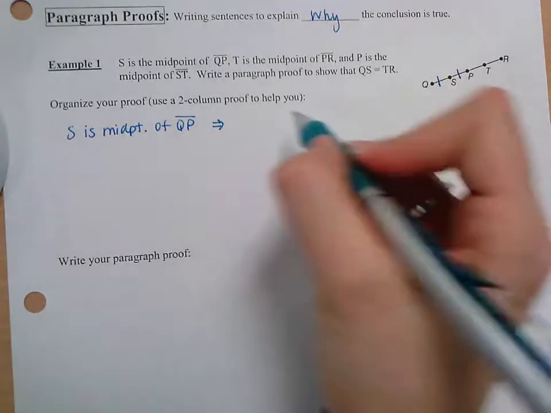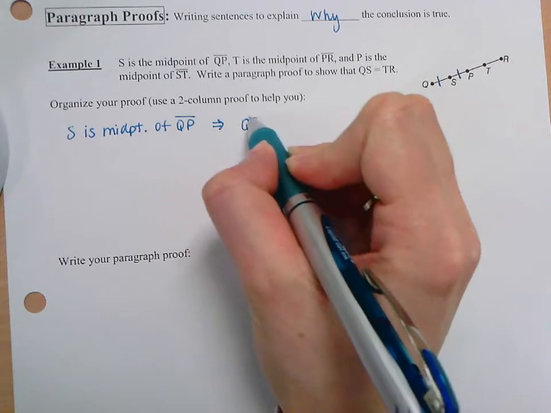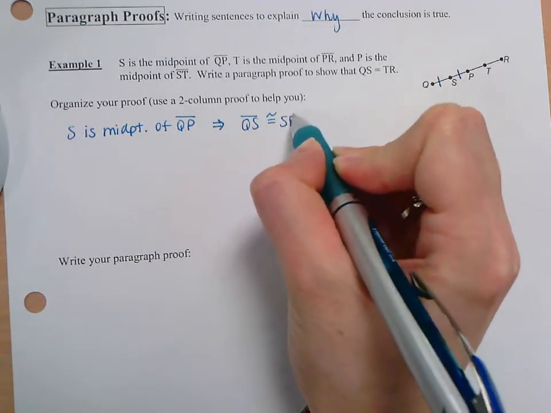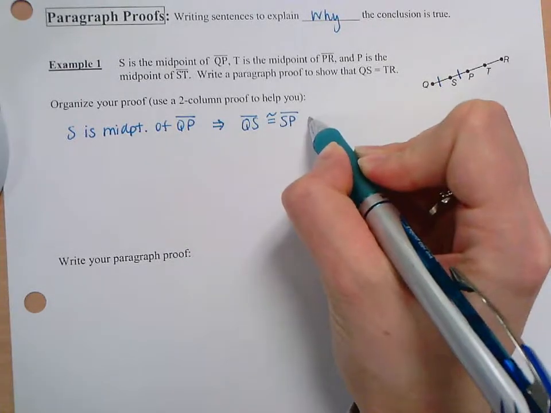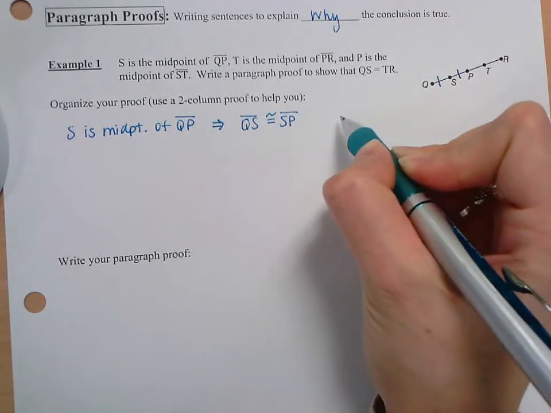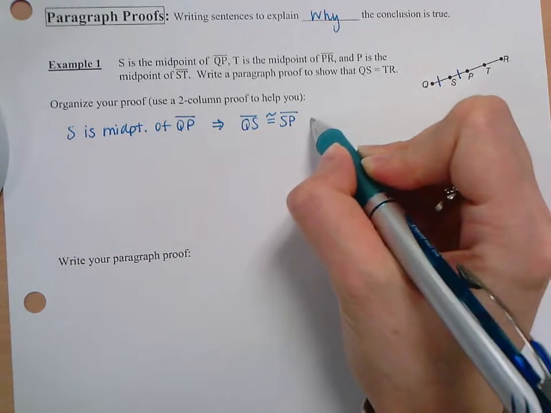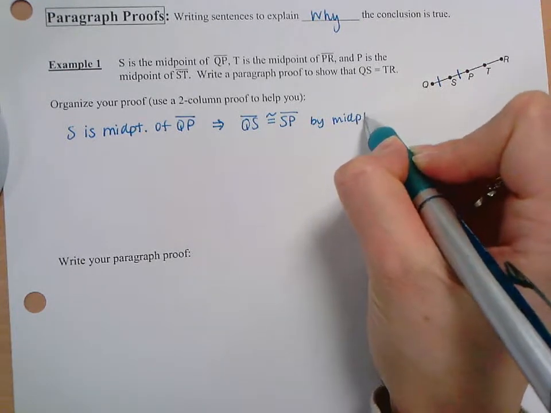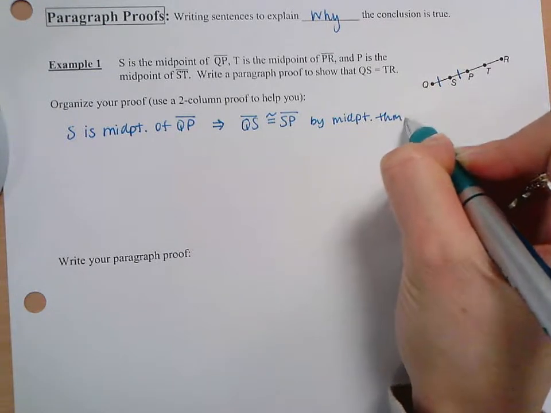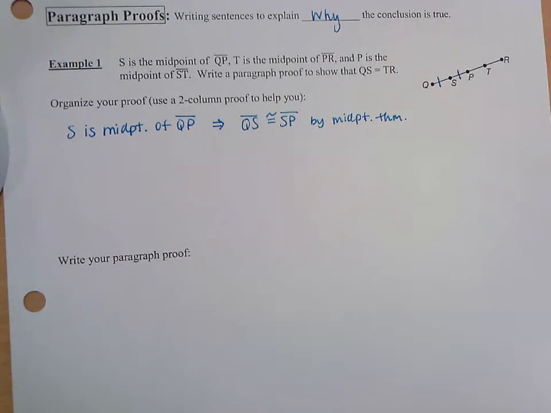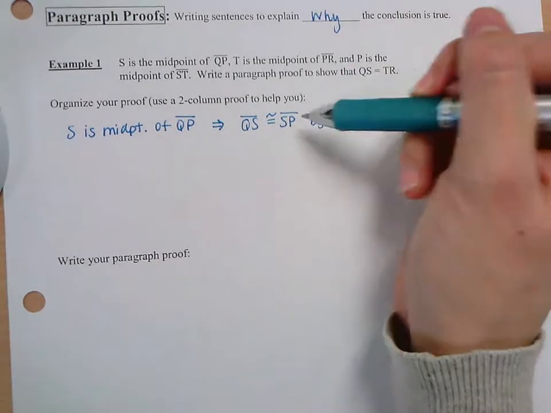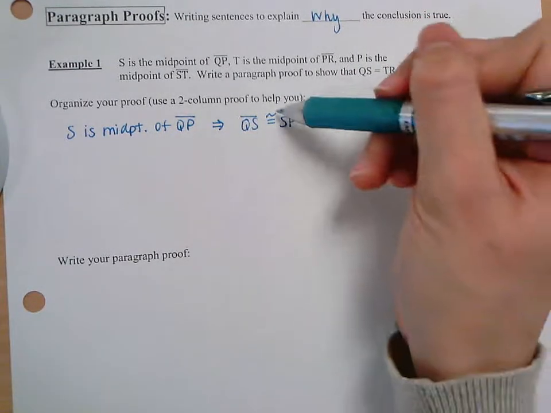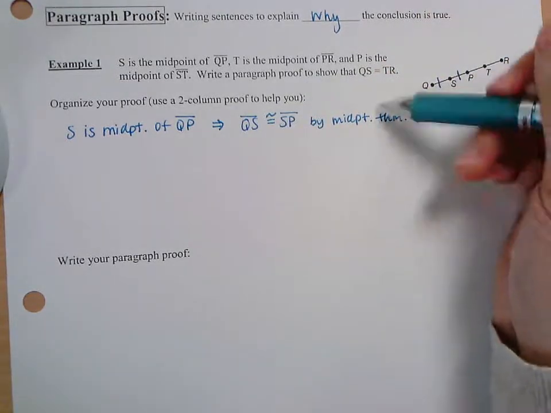So I'm going to say QS is congruent to SP. And what's the reason for that? Midpoint theorem. So I'll put by midpoint, I'm abbreviating again, midpoint theorem. I'm organizing my thoughts. So here's my statement, and here's my reason.